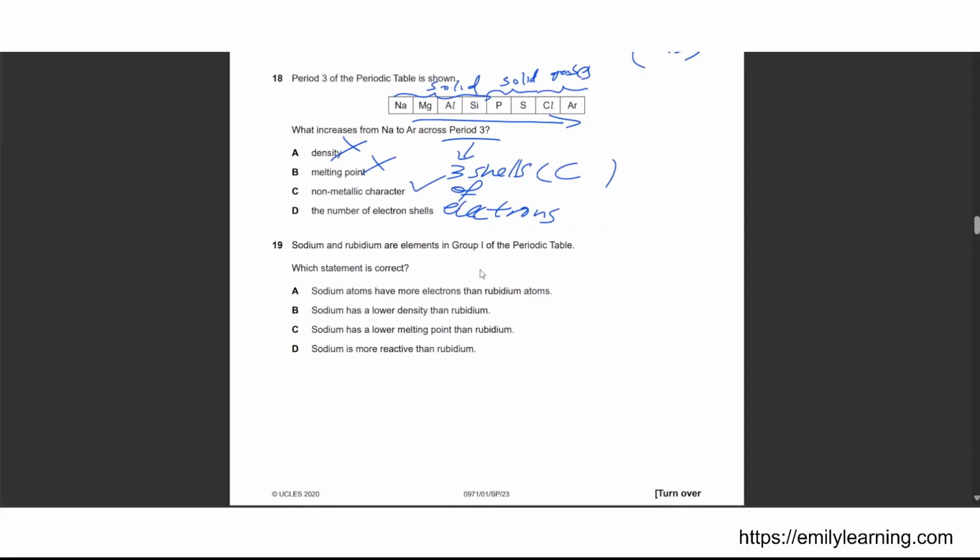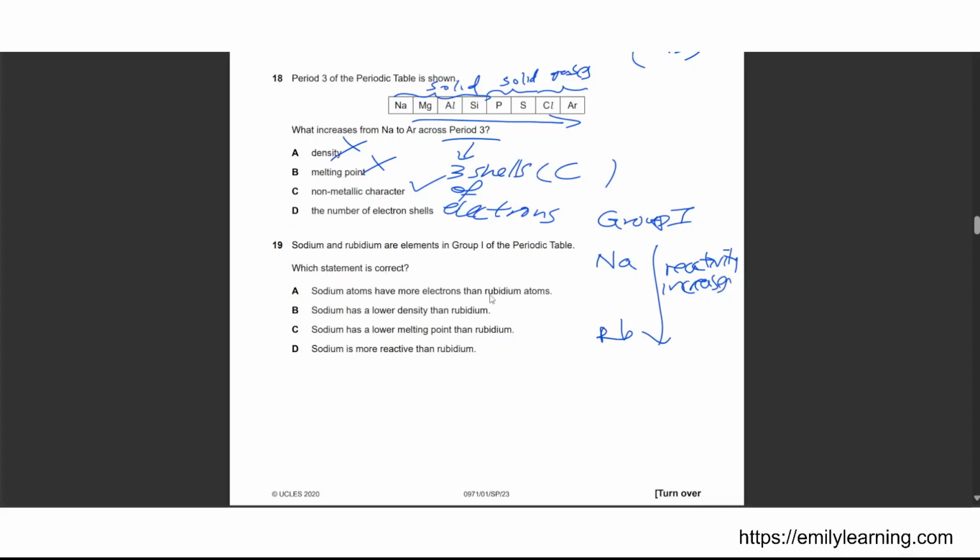Moving on to 19, sodium and rubidium are in group 1 of the periodic table, and we know that sodium is above rubidium in the periodic table. And we know that for group 1, the reactivity increases when you go down the periodic table. So next, let's look at the answer options, and you're asked to select which one is correct.